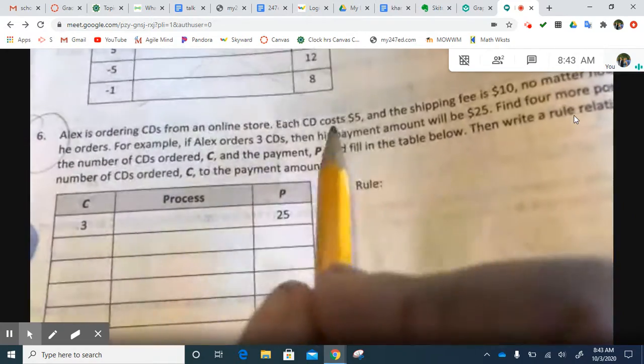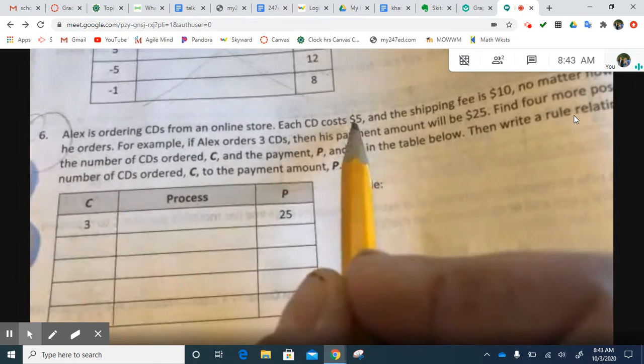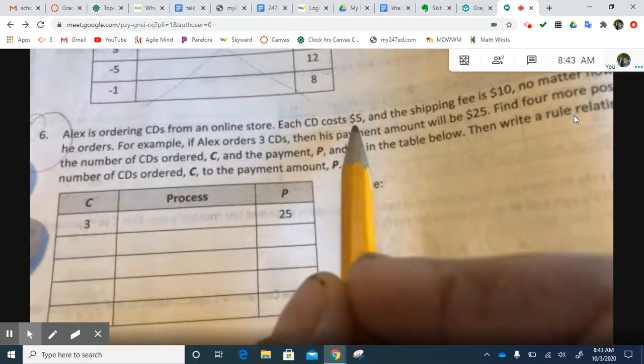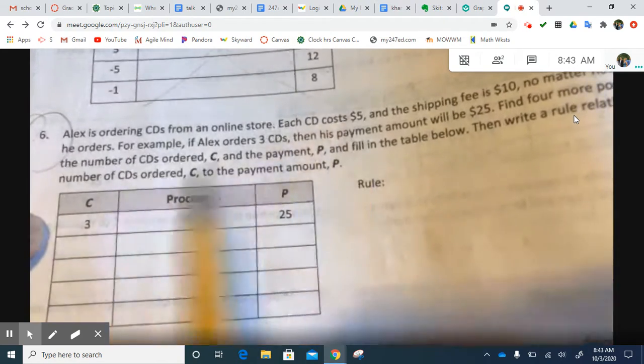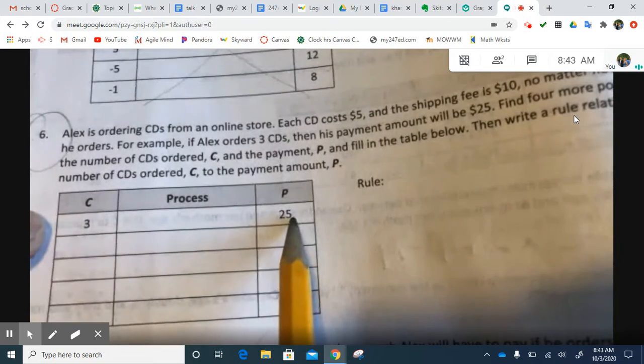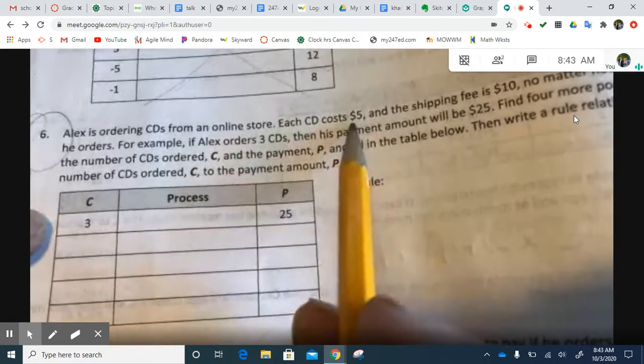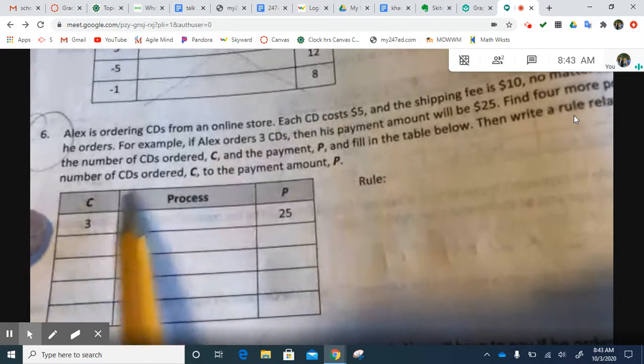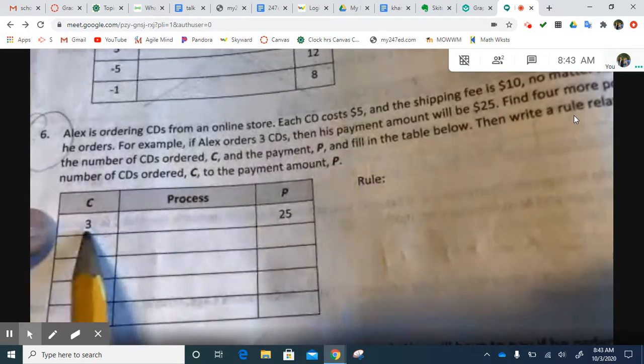All right, well, if each CD costs $5, that means it's $5 per CD. So here's our CDs, and here is our payment amount, $25. So if it's $5 per CD, that means we've got to be multiplying these two together.